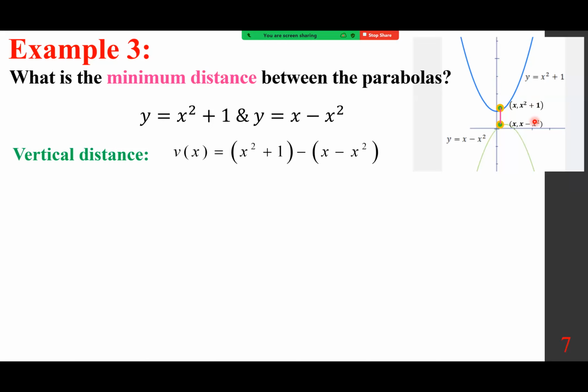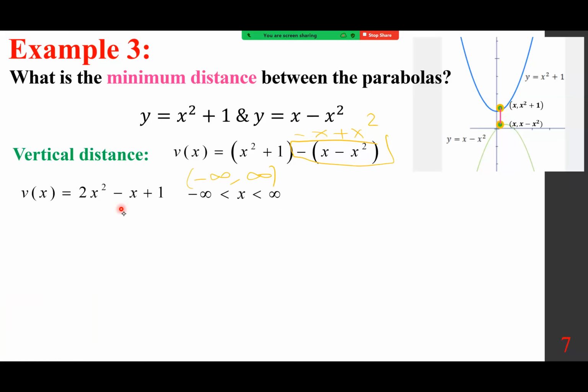By the way, we distribute, this becomes minus x minus x plus x squared, and it simplifies to 2x squared minus x plus 1. X can be anything, so in interval format from negative to positive infinity.